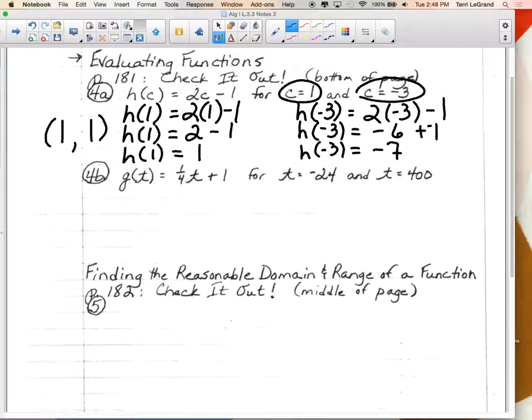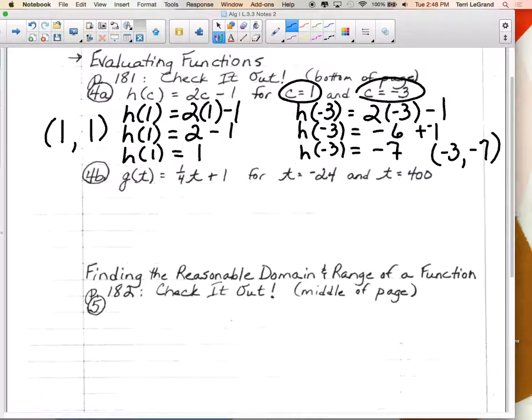What ordered pair do we have now? Be careful, what did we just find? -3, -7. We just found the output value when the input value is -3. So the input value is the x value, the first coordinate of the ordered pair.